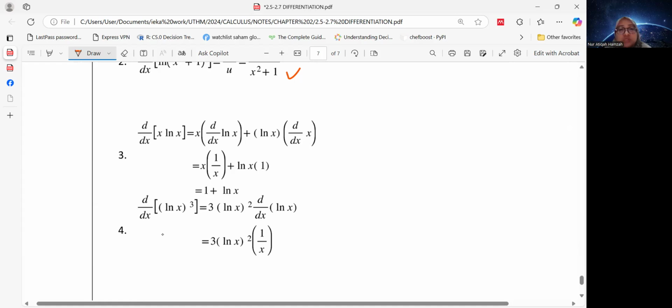So we use the formula of product rule, u dv plus v du. So x d over dx ln x, this is our u, this is our v, plus ln x times d over dx x. So x times 1 over x plus ln x times 1. So this one becomes 1 and then ln x times 1 is ln x. So the answer is 1 plus ln x.